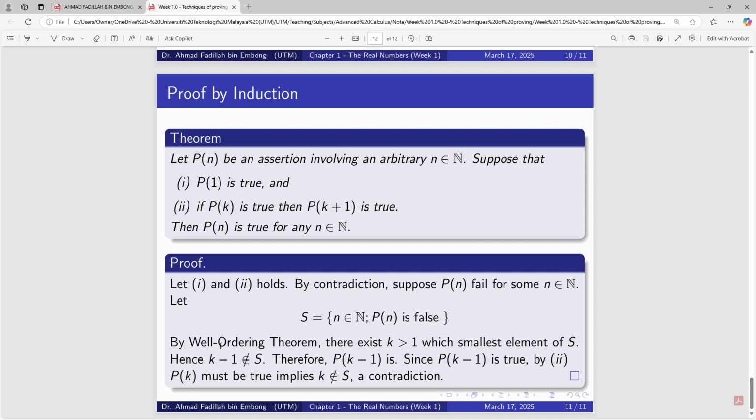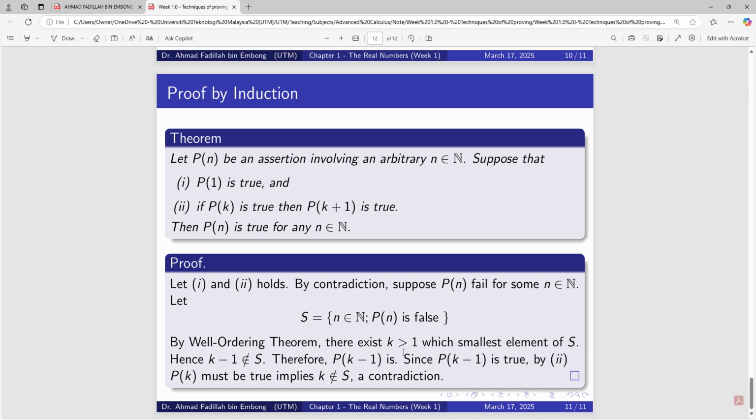Now by the well-ordering theorem, the last theorem in the last video, because S here is a subset of the natural numbers, we can find k, which is the smallest element of S.